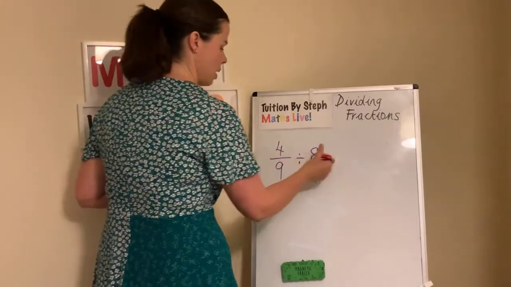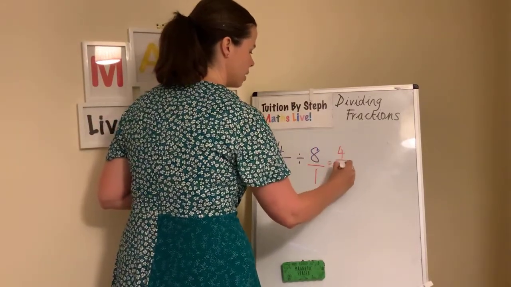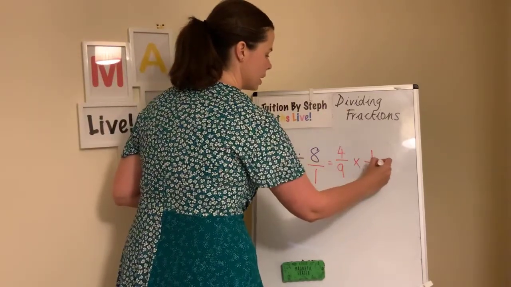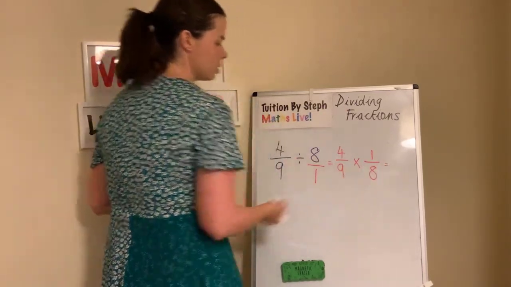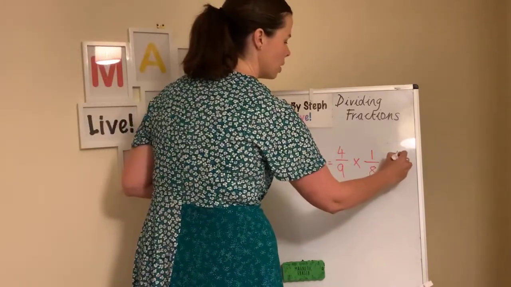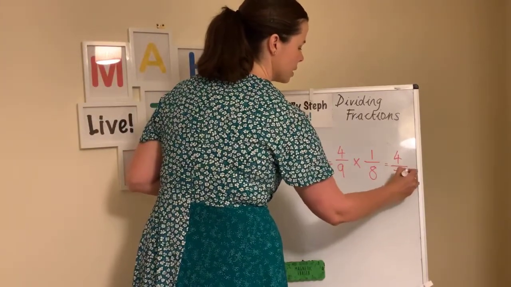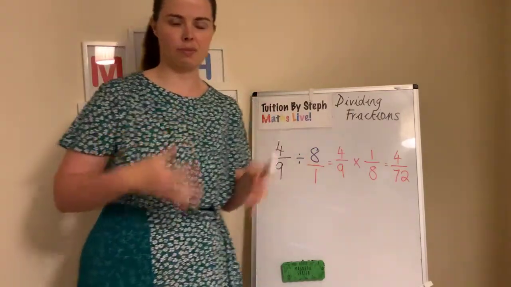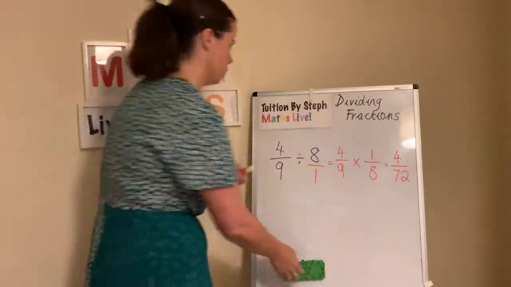So we keep 4 ninths, we change it to multiply, and we flip the second one to 1/8. And 1 times 4 is 4. Okay, and 9 times 8 is 72. And we could simplify that fraction, but again, just focusing on the calculation for this one.